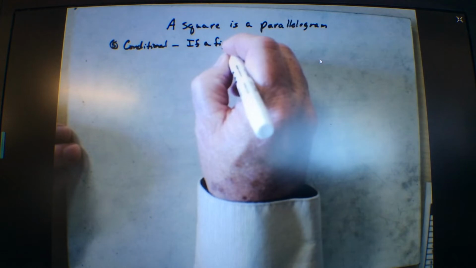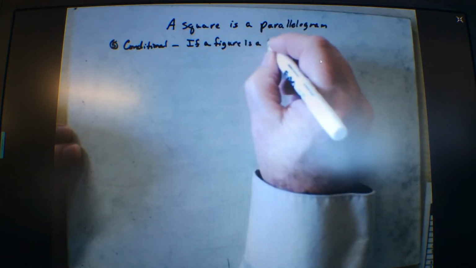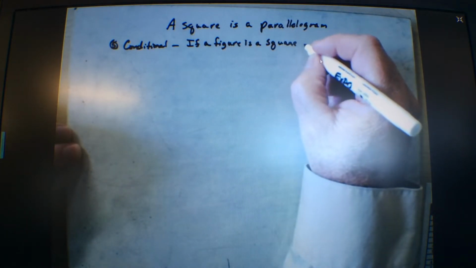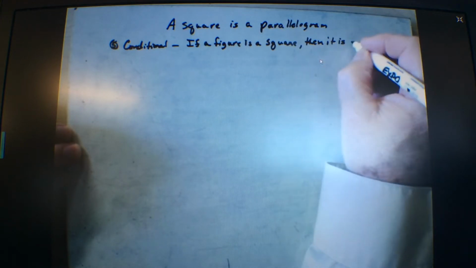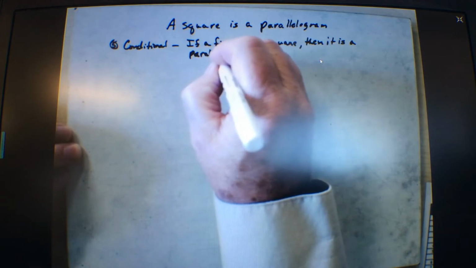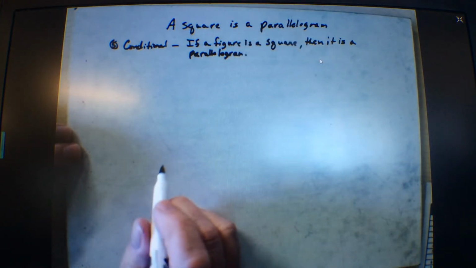How's that? That's a little better English. If a figure is a square, then it is a parallelogram. Okay, so would you tell me, Angel, what is the hypothesis?